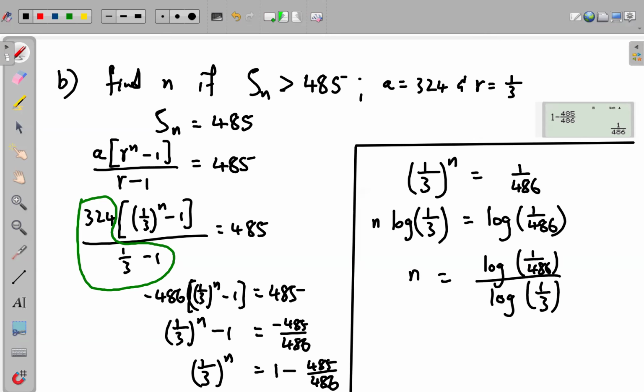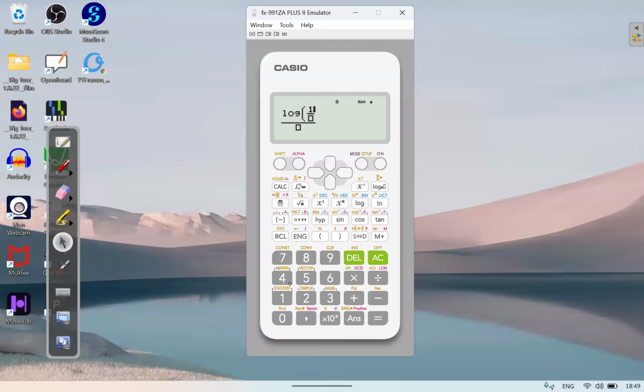That's what it means. So now, let's see what's the result of all this. Log 1 over 486 divided by log of a third. So this is something like 5.63.